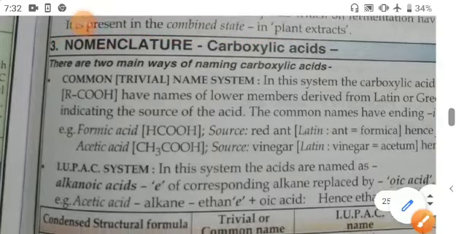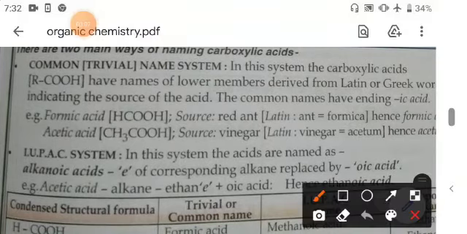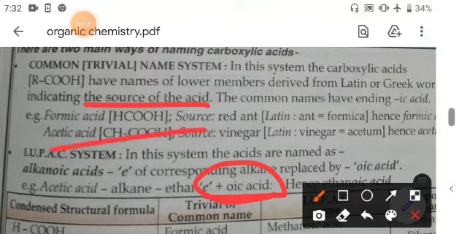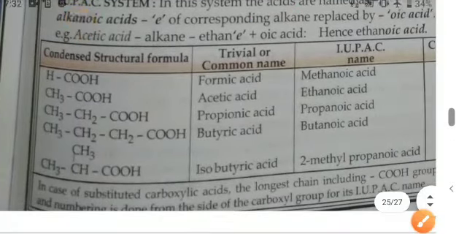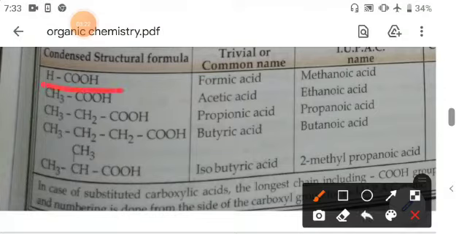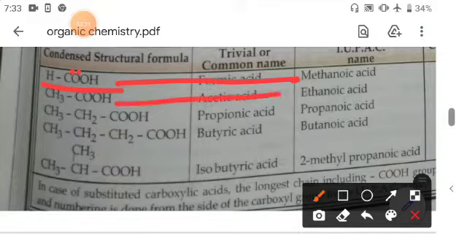Now nomenclature of carboxylic acid. Here as a suffix you will write oic acid in the nomenclature, and everything will remain the same as for the others. Since only one carbon is present, its name is formic acid, but in IUPAC for one carbon you write meth, so this one is methanoic acid, and with two carbons it is called ethanoic acid.